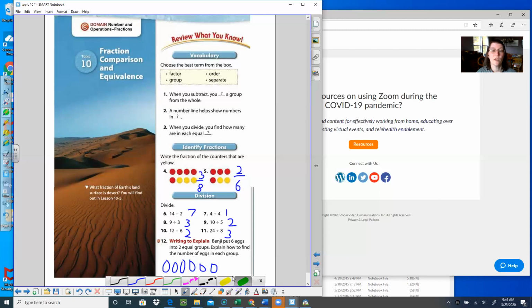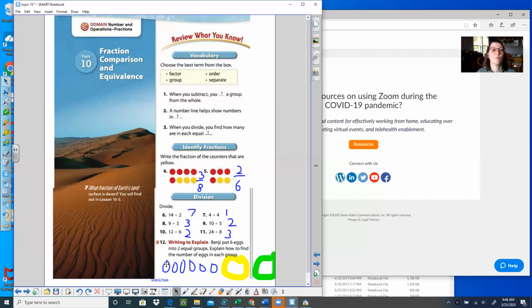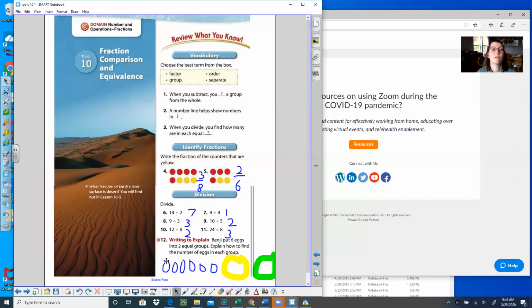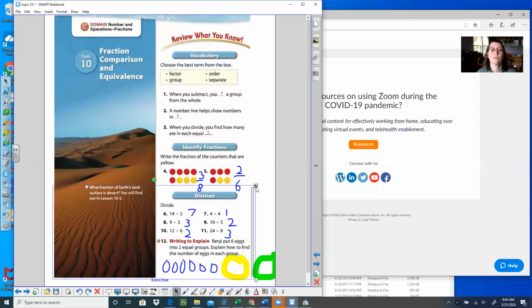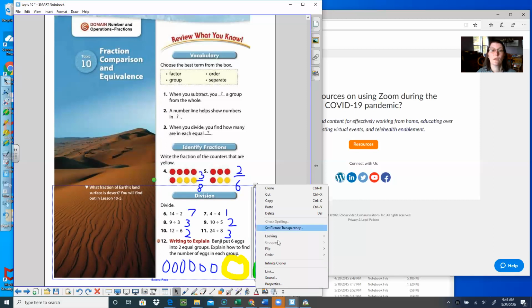Okay, so it's talking about equal groups. So I'm going to make a yellow pile, and I'm going to make a green pile. And I am going to physically move my eggs. Oh, I thought I was going to move my eggs. Moving that instead. Okay, I'm going to lock that real quick so it stops running away on me. Lock in place. There we go.